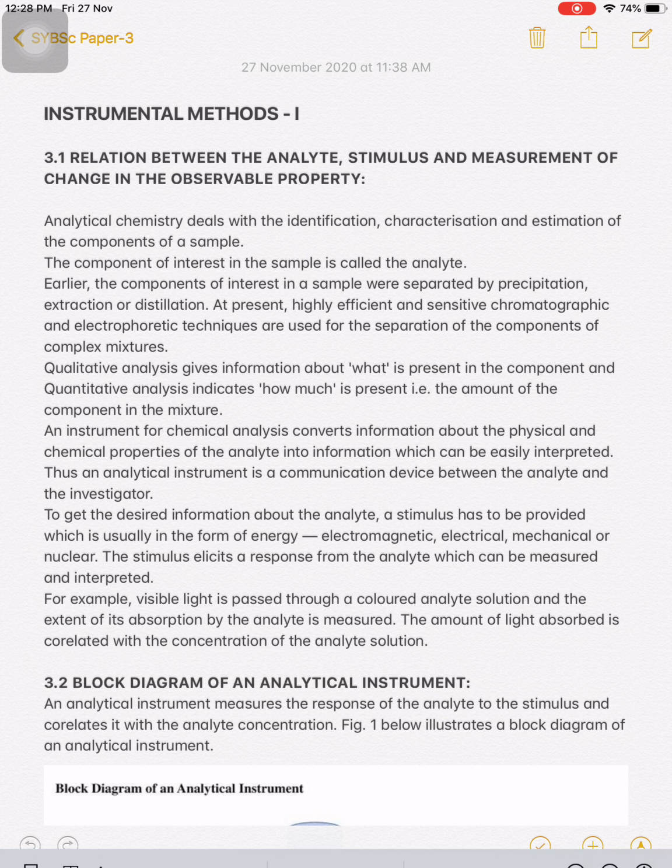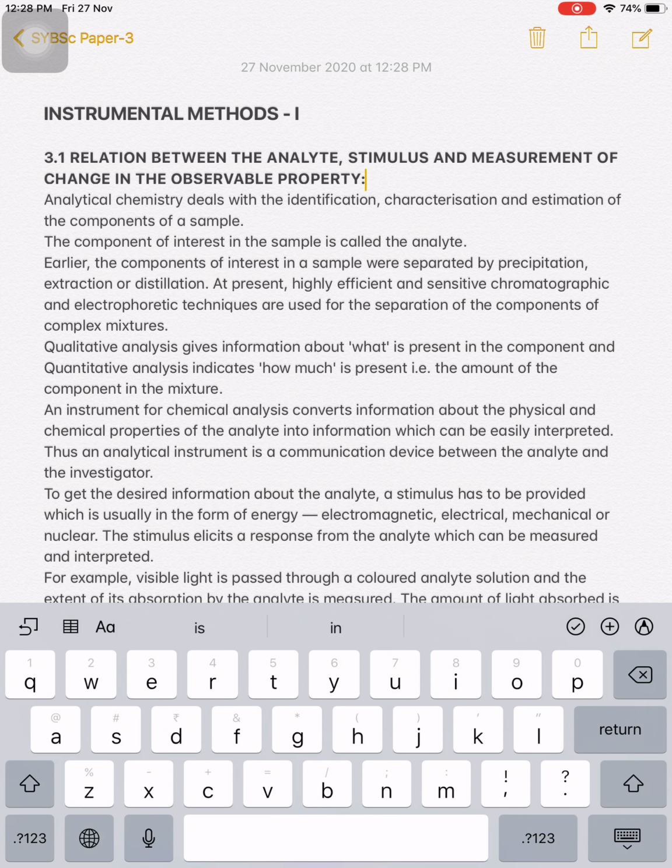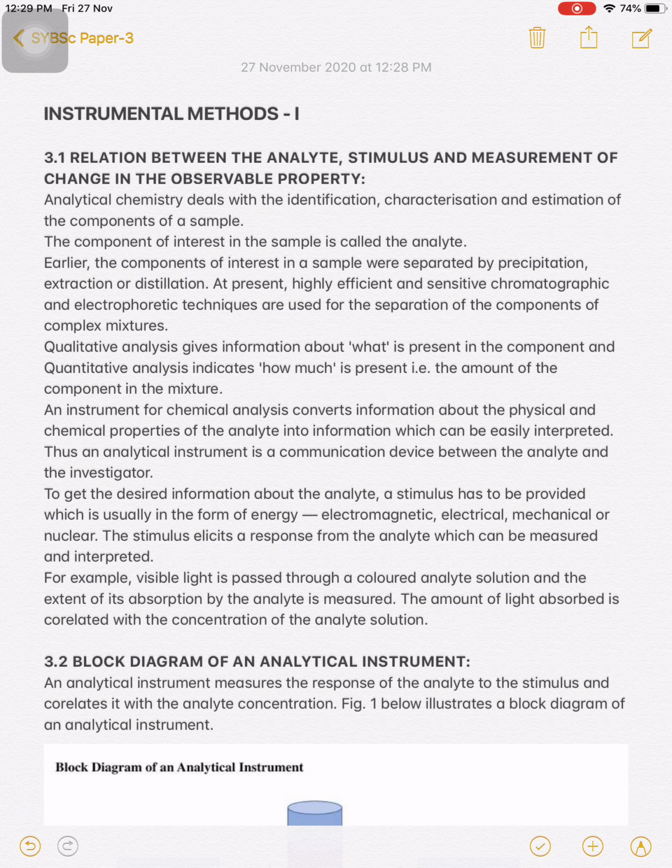Now see here, analytical chemistry deals with the identification, characterization and estimation of the components of a sample. So in this branch, we are going to identify a compound, we can characterize that compound, and then estimate that component of a sample.